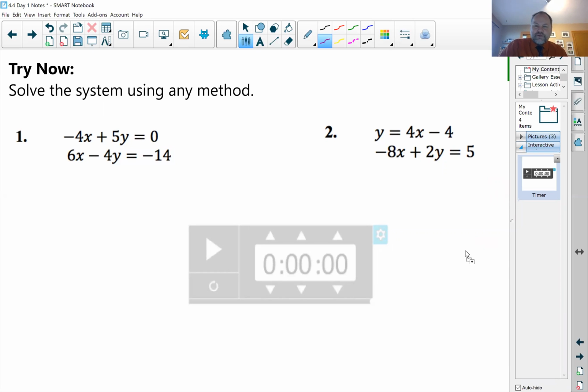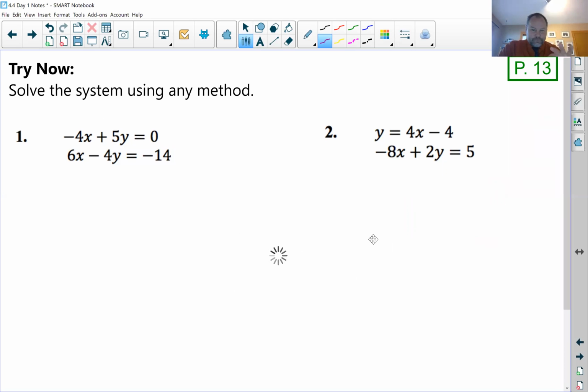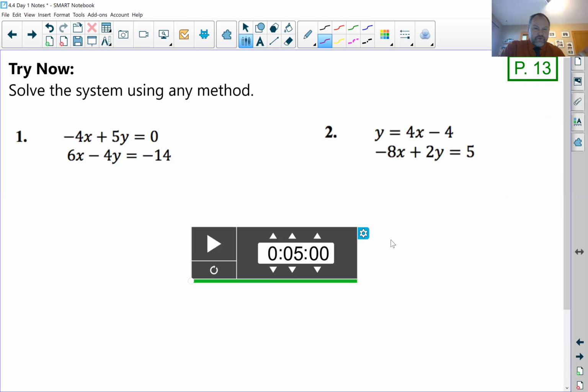Once you have them solved, so once you solve number 1, please go into the chat and let me know which method you used and what your solution was. And I'm going to give you 5 minutes to take care of those 2. And then we will talk about answers after that.